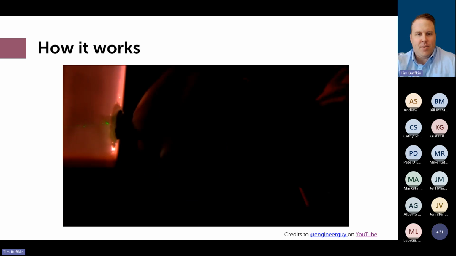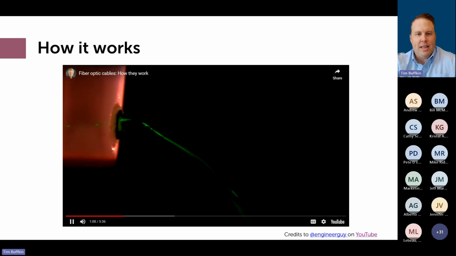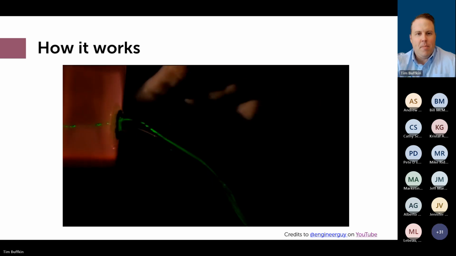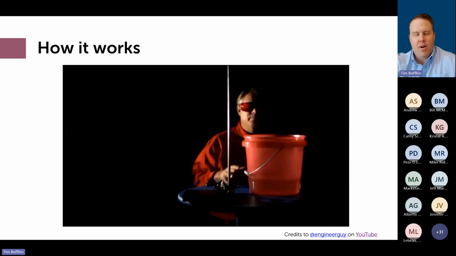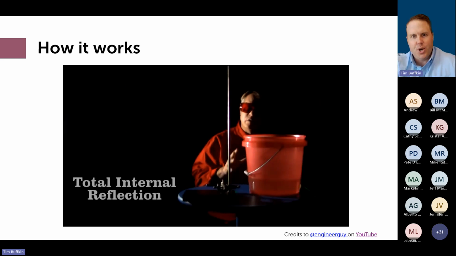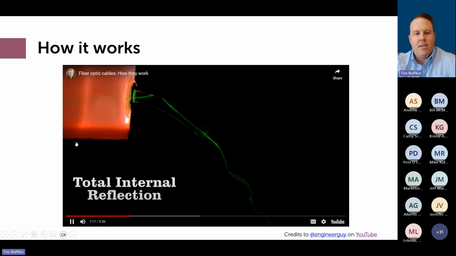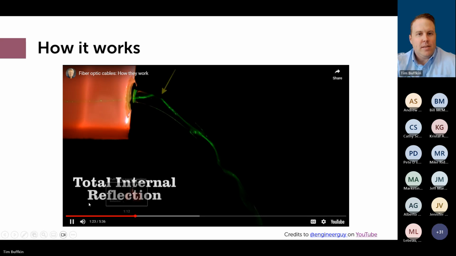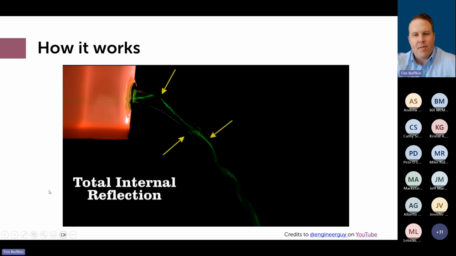So he's going to turn on the laser and pull the plug out, and here you can actually see the laser following the liquid all the way down to the bucket, even though the laser is shooting straight across. This is total internal reflection. So there's the first reflection, second reflection. That's what's making it go through.